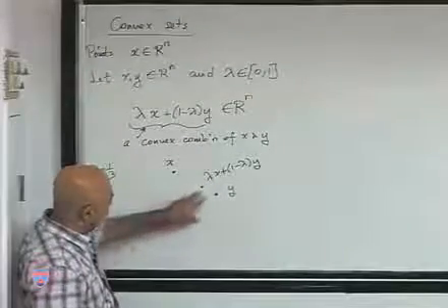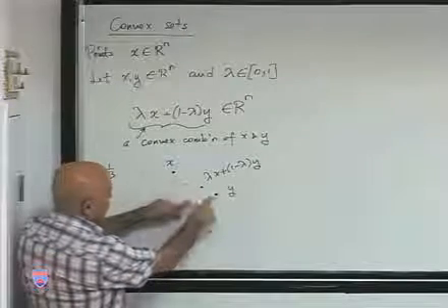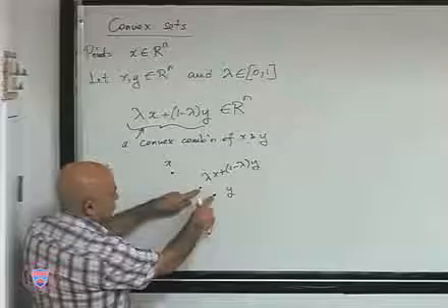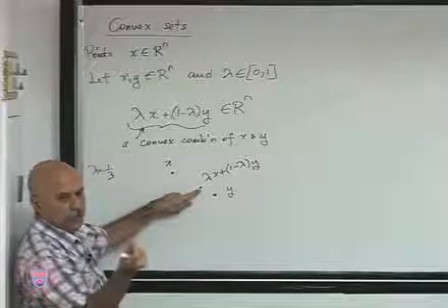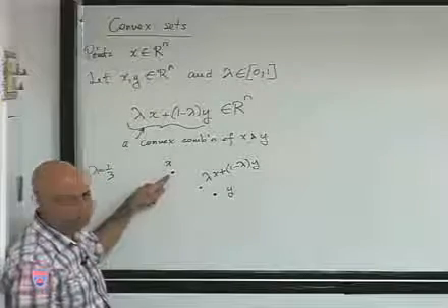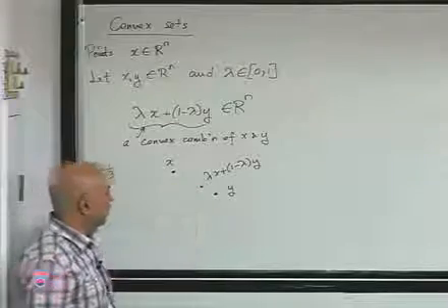Okay? If you think of a line segment between x and y, this little segment between the new point and y is 1/3 of the length of the entire segment. Okay? The other part is 2/3. Why is it 1/3?